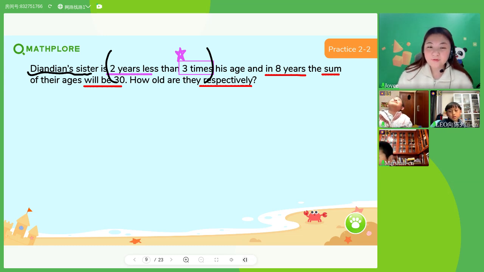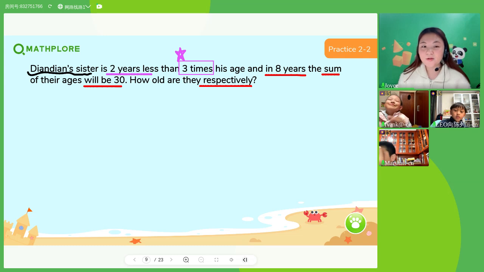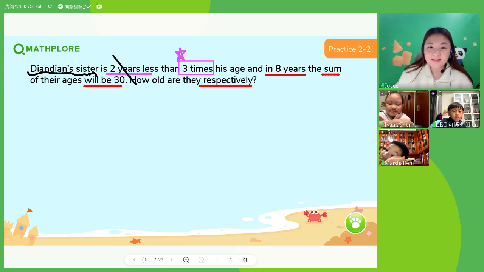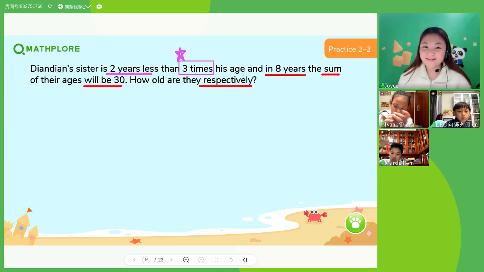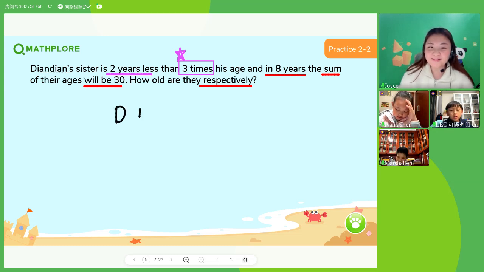So focus on 3 times. If you don't care about the 2 years, it's like Dian Dian's sister is 3 times his age. So who is younger? Dian Dian is younger, not his sister. Okay, be careful. Dian is the one who is younger, so we draw one segment for Dian.